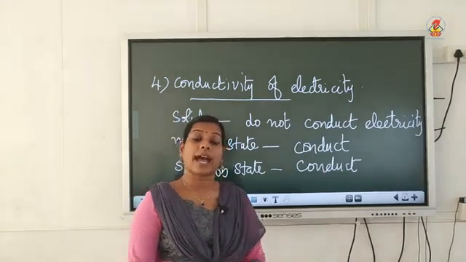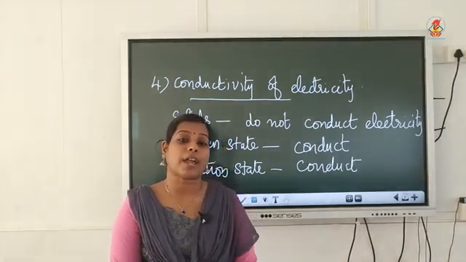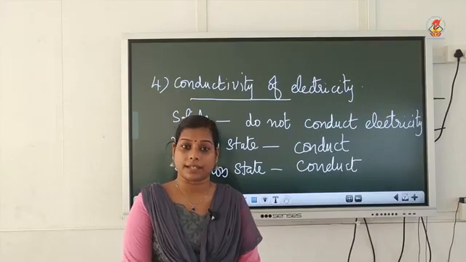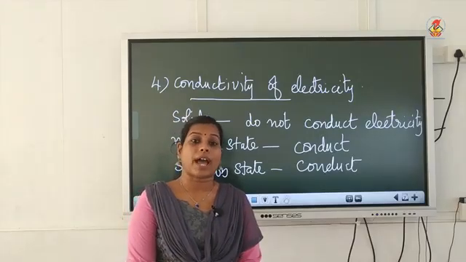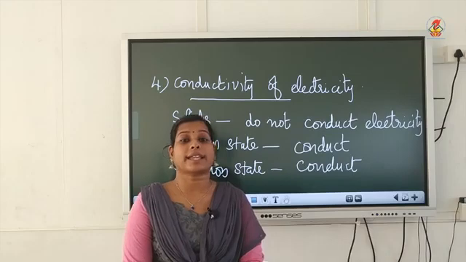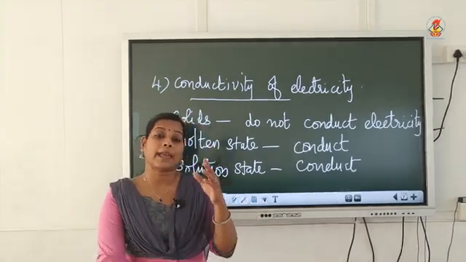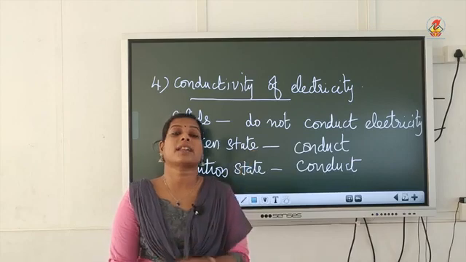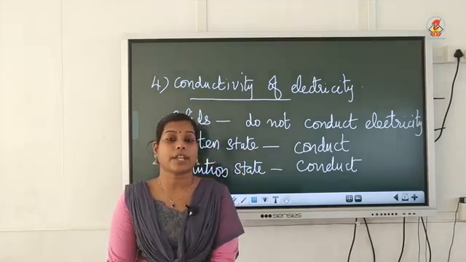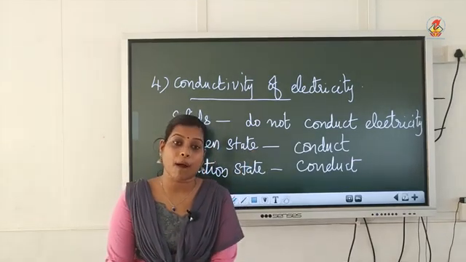So, children, I think that the formation of ionic compounds is very clear. In concluding the topic, in the formation of ionic compounds, a metal and a non-metal react to produce an ionic compound or electrovalent compound.